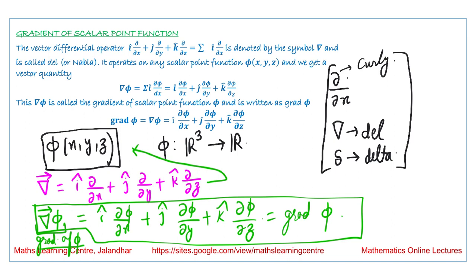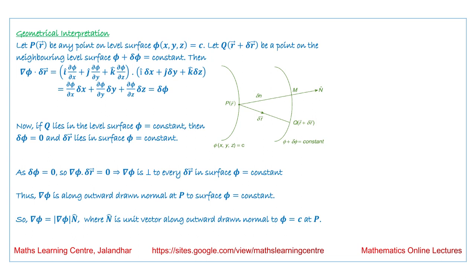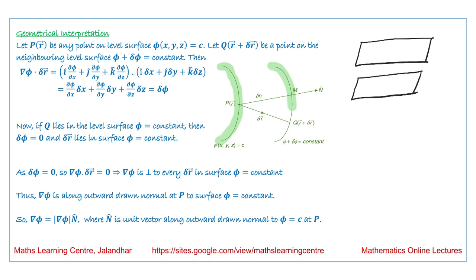Now based upon this, first of all we are going to talk about the physical meaning of the gradient. Suppose we have two level surfaces. Suppose I am considering the level surfaces as two planes. We can also consider the level surfaces in this way as shown in the figure. This is one level surface, this is another level surface.